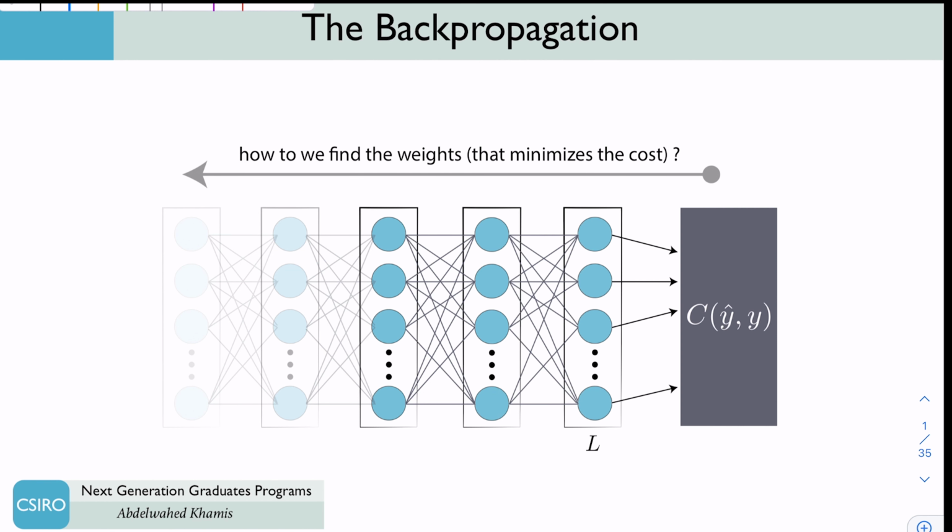But as long as we have proper labels and we have a way of measuring the deviation from the proper labels, then we can push the network weights to minimize this cost function or the deviation. The concrete question then is, which weights give us the lowest error? Let's look inside the network and try to answer this question step by step.